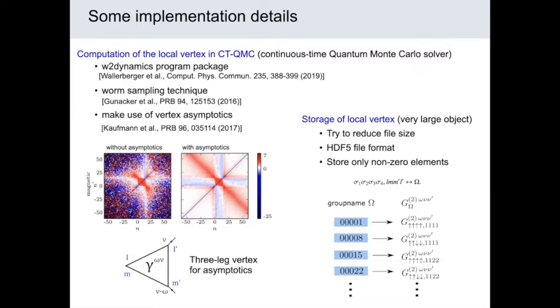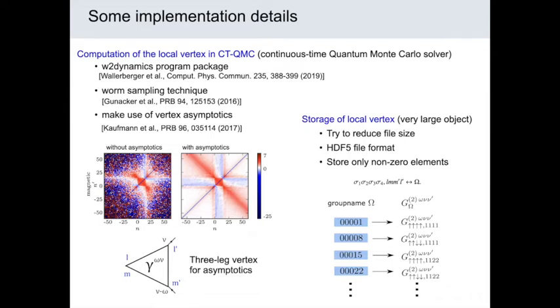Non-zero, because you can imagine that depending on crystal symmetries or the form of Coulomb interaction that you employ, whether only density-density Coulomb interactions, or Kanamori, or the full U matrix, not all orbital spin combinations are non-zero. In fact, a lot of them are 0. So we don't store all these zeros. We store only the non-zero orbital spin combinations, and we do this in such an HDF5 file in the form of a lookup table.